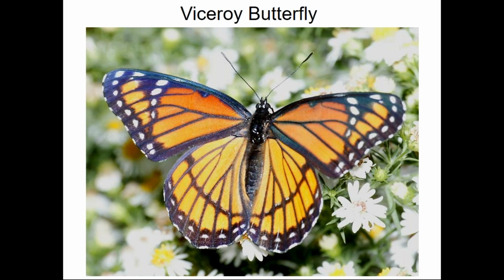In this case, the story goes that the viceroys are not as noxious tasting as the monarchs are, because they don't feed on milkweed. And so a typical predator would avoid a viceroy because they think it's one of those foul-tasting monarchs. More recent studies into this are slightly changing that story, but for now I'll stick with it.